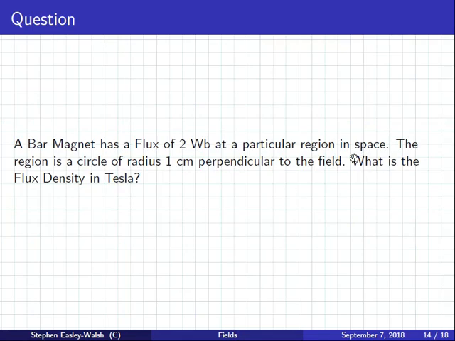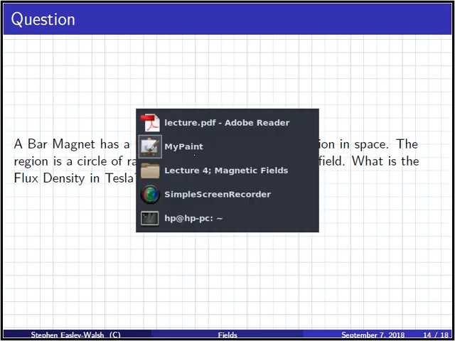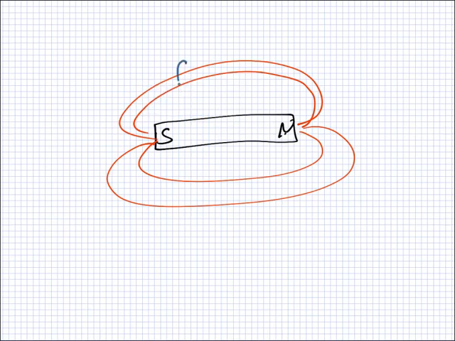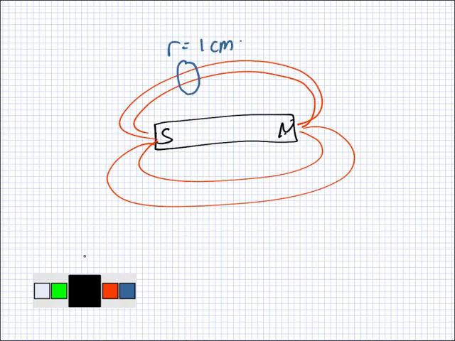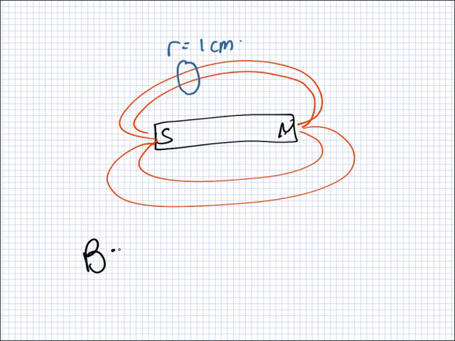And the region is a circle of radius 1 centimeter. So there's a circle here of 1 centimeter radius. What is the flux density? I want you to calculate B.